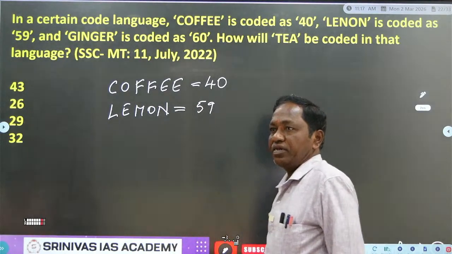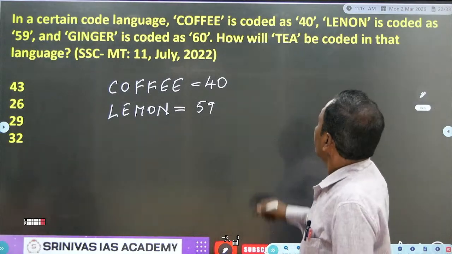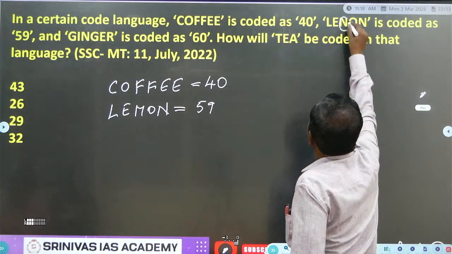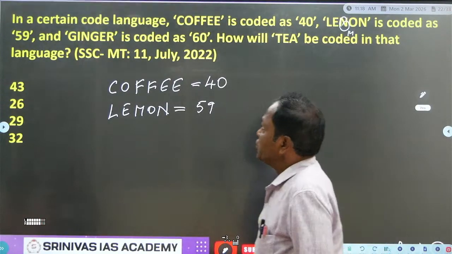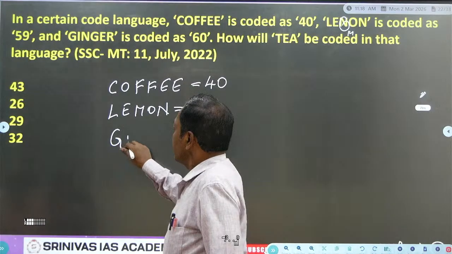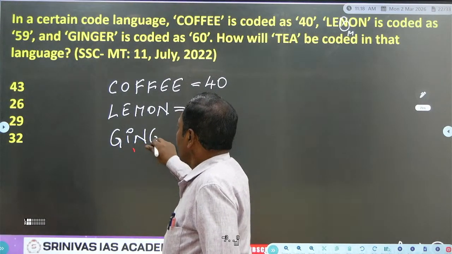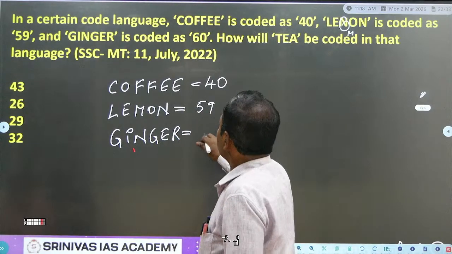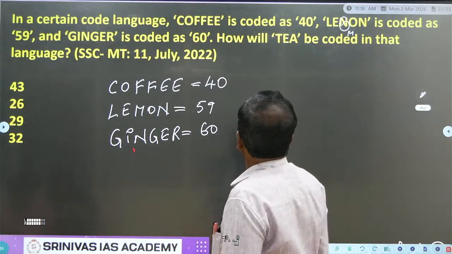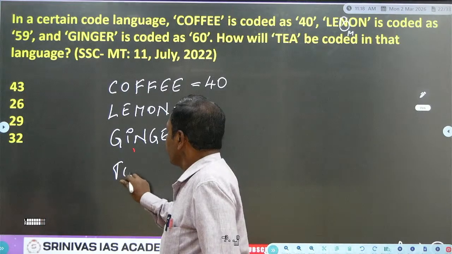And ginger is coded as 60. Then how will TEA be coded in that language?